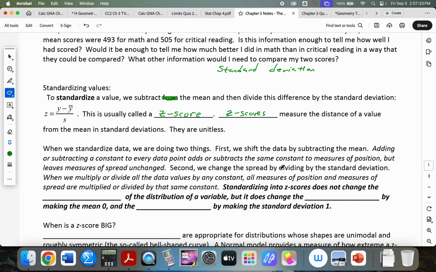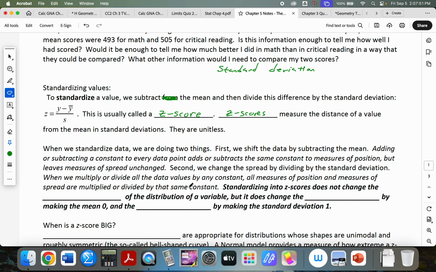Second, we change the spread by dividing by the standard deviation. When we multiply or divide all the data values by any constant, all measures of position and measures of spread are multiplied or divided by that same constant.